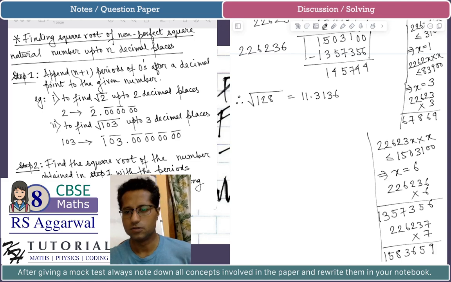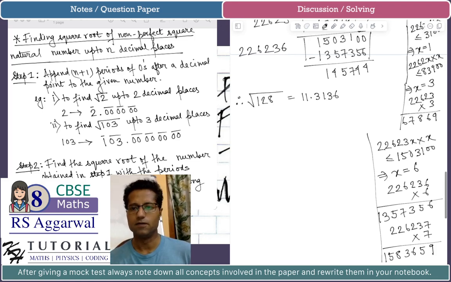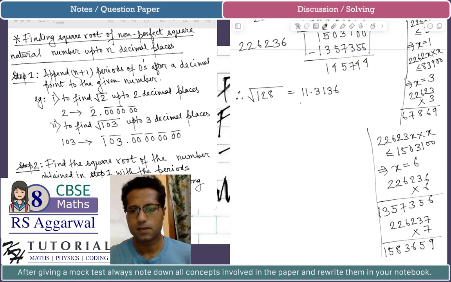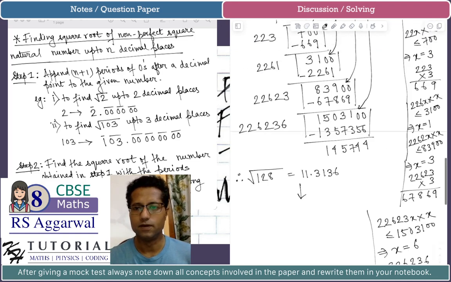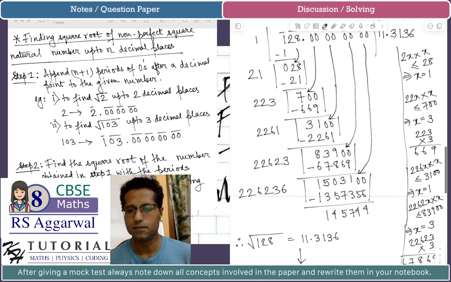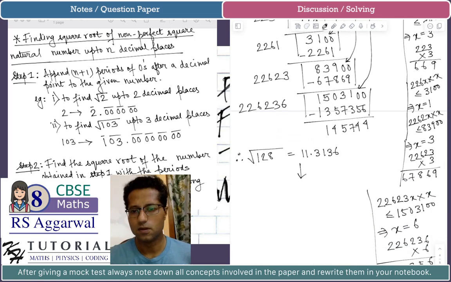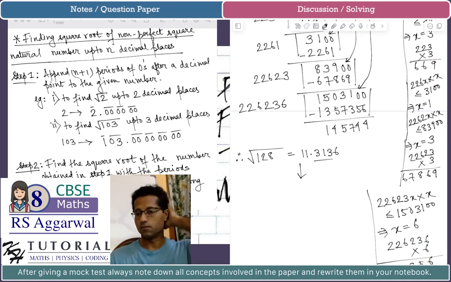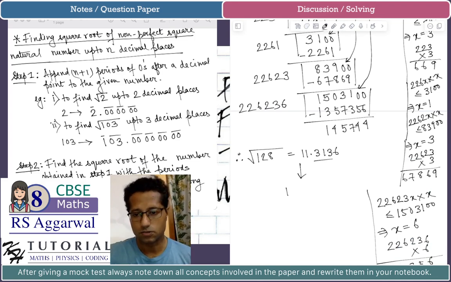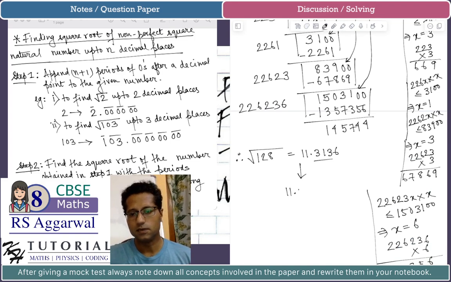But as per my calculation, we are having the final square root of 128 as 11.3136.